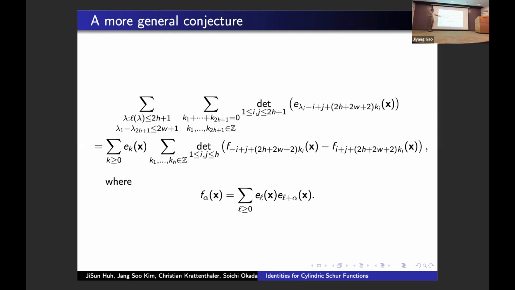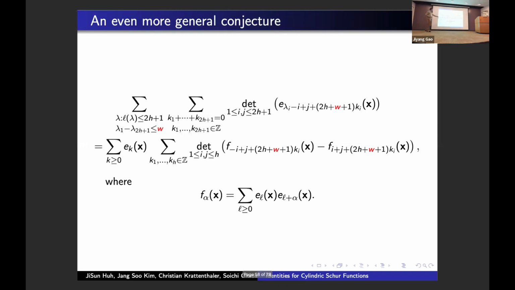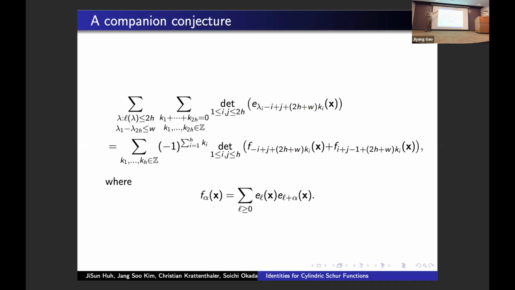Okay, and then when you are there, then you become greedy. So, for example, there's 2w plus 1, and you can also see 2w plus 1 in there. Maybe you can replace 2w plus 1 by w. Still works. And then, of course, you will observe there's also 2h plus 1. But this is not so easy, because what you think is true is not true, but there is a companion identity where instead of 2h plus 1, you have 2h here.